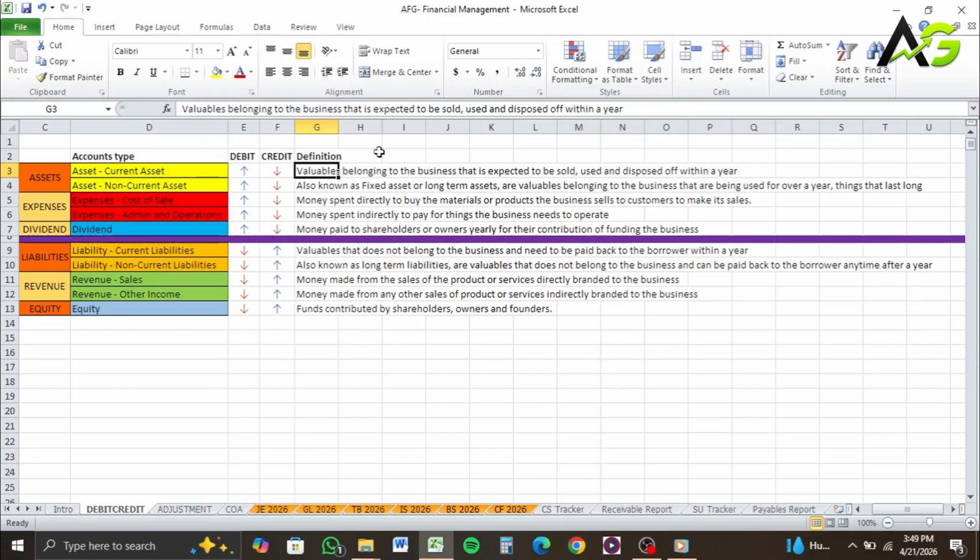So current assets. An example of that is maybe cash, the money that you have in the bank account, or the cash that you have physically in your hand, cash in hand, petty cash, or cash that is not even with you, is with another person, but the person is owing you.